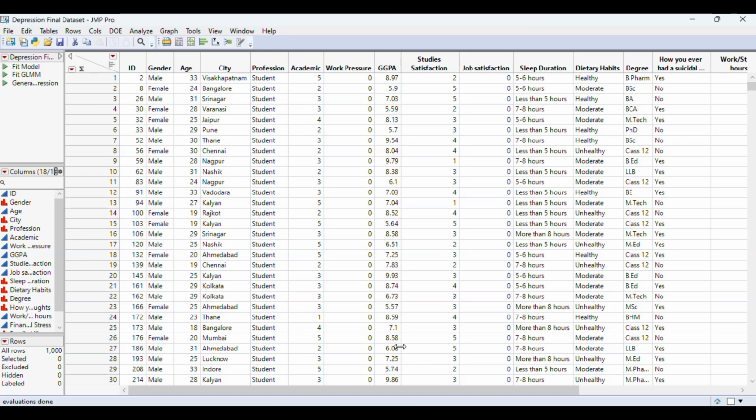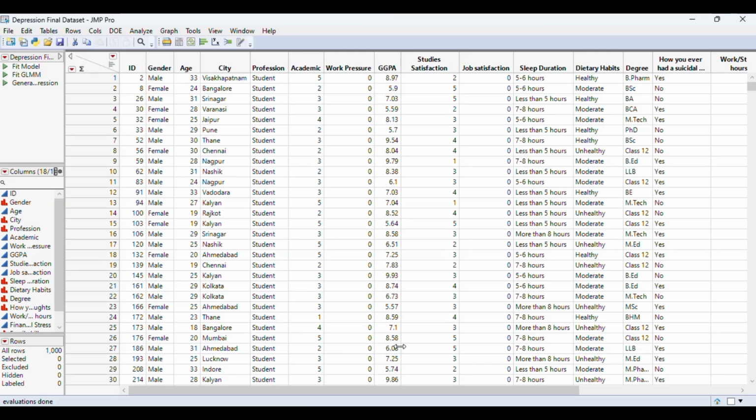So we take from this data a comparison of depression, for example whether a student is facing depression or not, whether students of a certain age are facing depression or not, and which gender is facing depression or not. We are finding the solution.